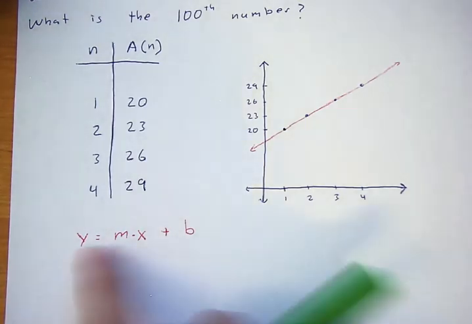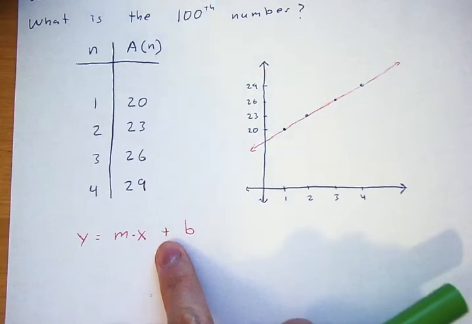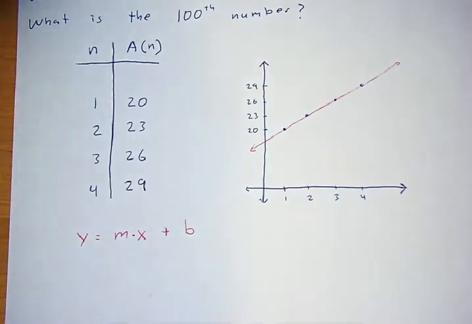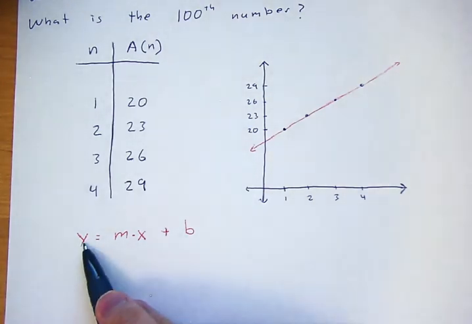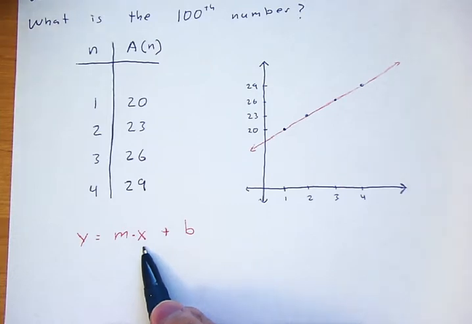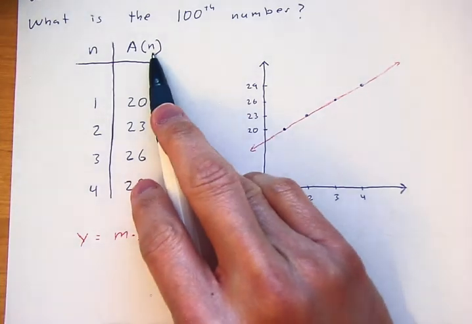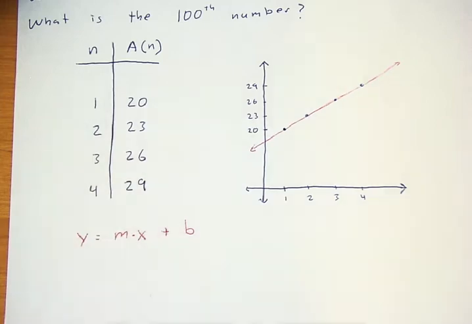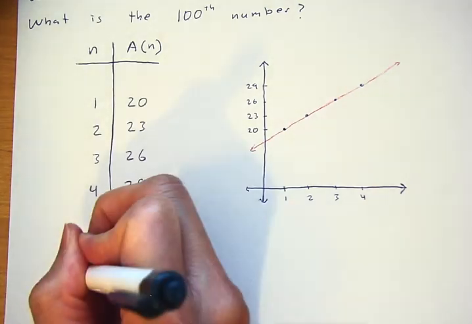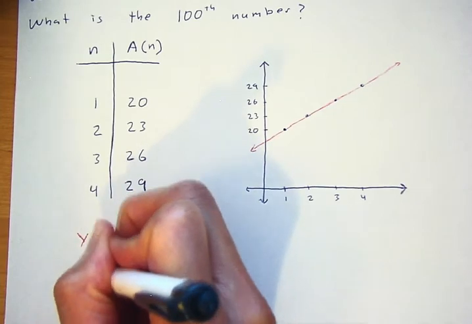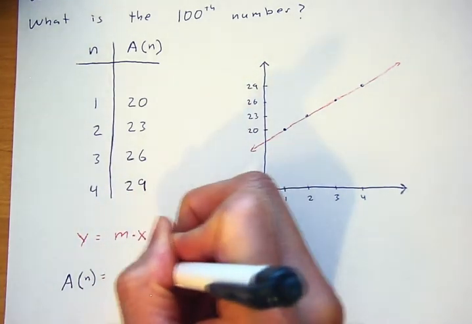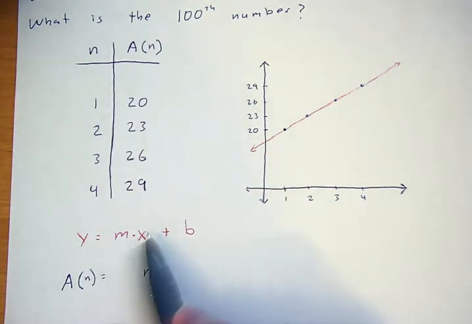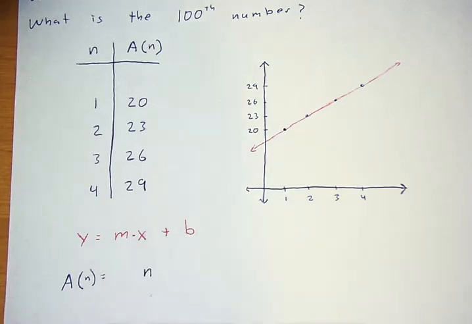This is a general equation, and when we're using it for our particular example, we're not really using y's and x's. Like I said, the y is like your a of n, and your n is like an x. So let's substitute that in. Okay, so y was changed to a of n, and x was changed to n for our particular example.